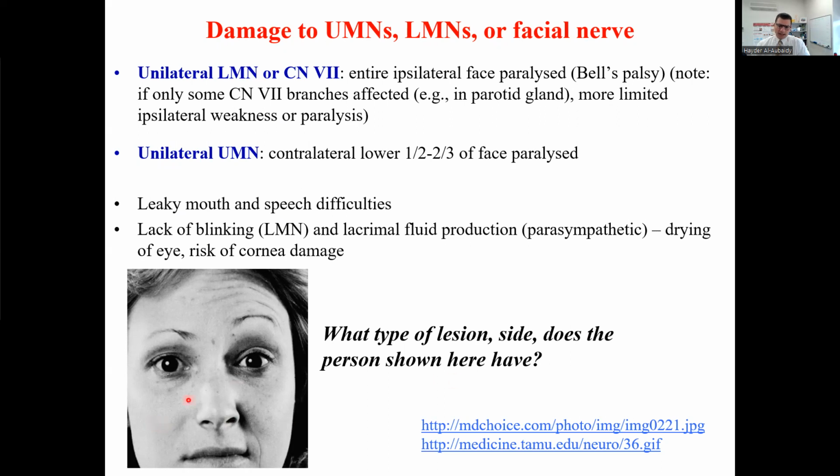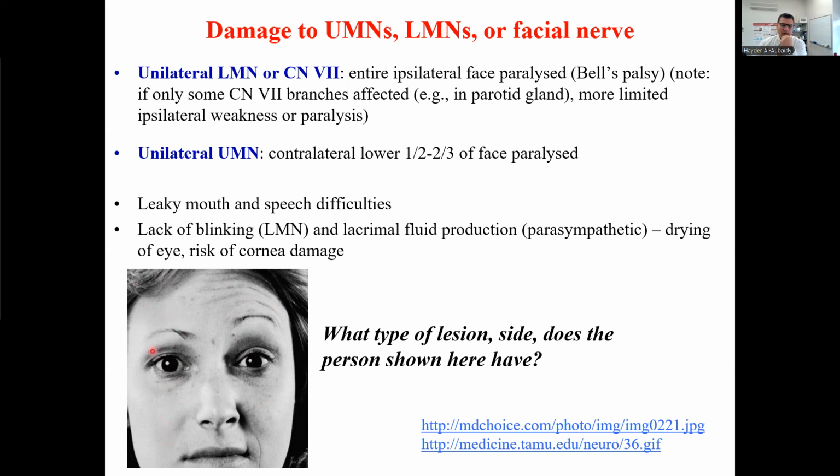So if you look at this image, what type of lesion does the person shown here have? The female here has been asked to frown and smile. Which side of the muscles do you think has been affected? The right side here or the left side? Right side, beautiful.